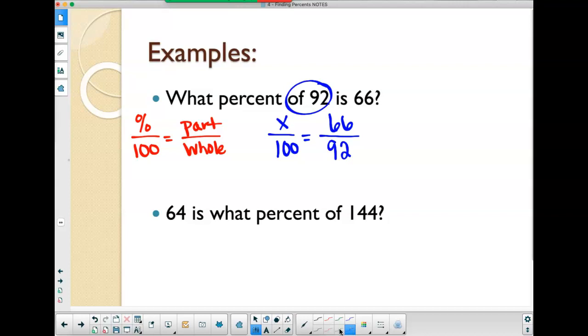Okay. Multiply the two numbers on the diagonal and divide by 92. 66 times 100 divided by 92. Round to the nearest tenth of a percent. So what do you get?